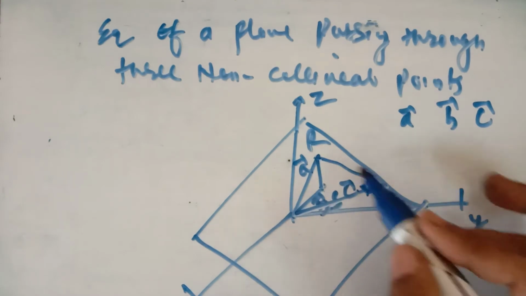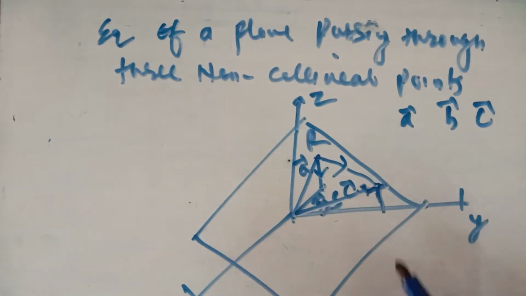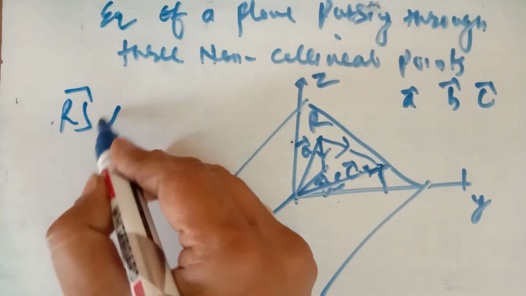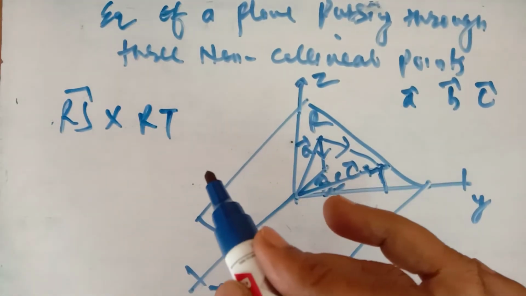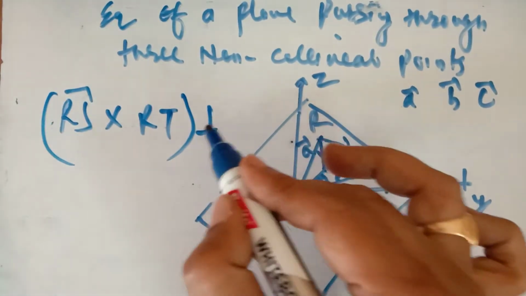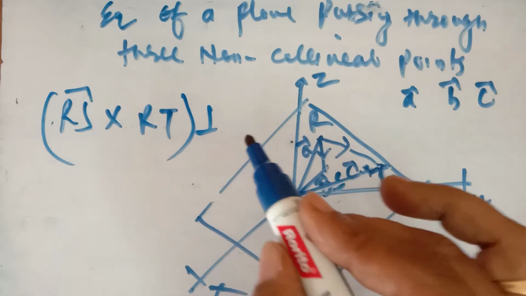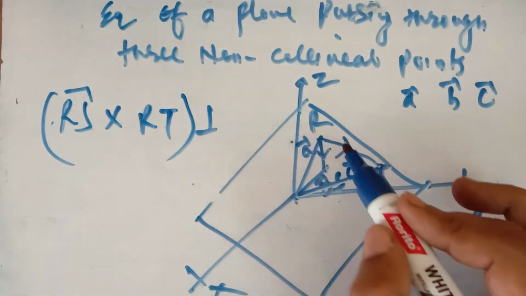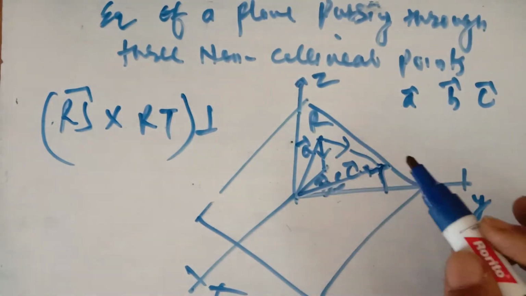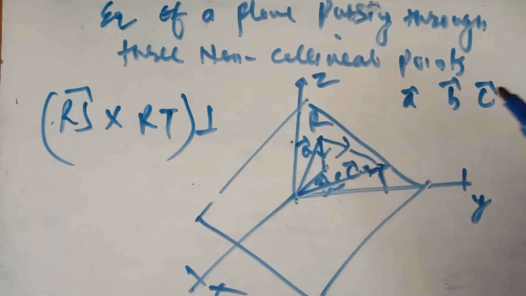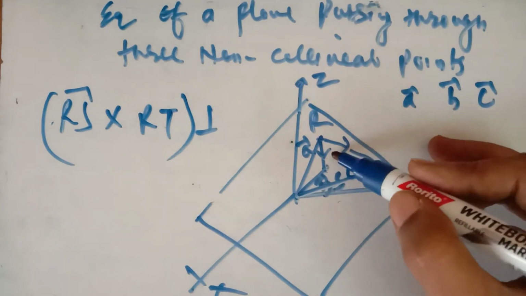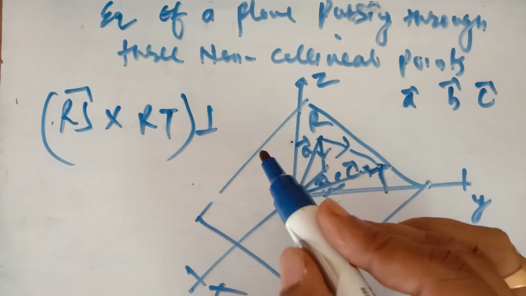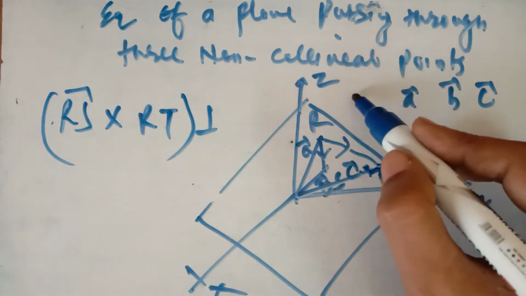These two vectors RS and RT lie in this plane, and therefore the vector RS cross vector RT is perpendicular to the plane containing the points R, S, T. It will be perpendicular to the plane on which they lie, and any normal vector will be the vector product of this. So therefore it will be perpendicular to the plane, any normal vector to it.